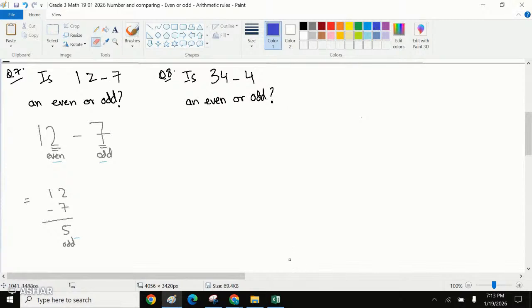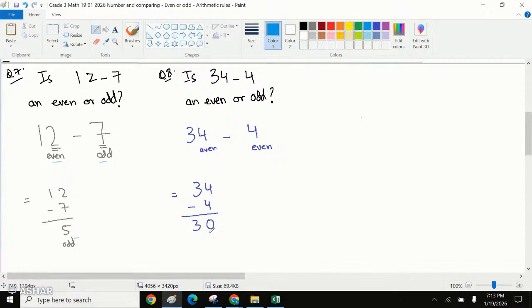We know that 34 is even because it ends with a 4, and 4 is also even. So whenever we are subtracting or adding the same type of numbers, the answer is always even. So we can say 34 minus 4. 4 minus 4 was 0, and this is 3.